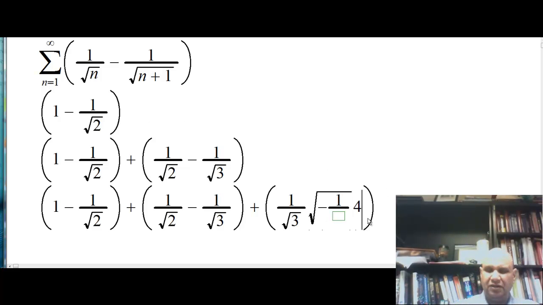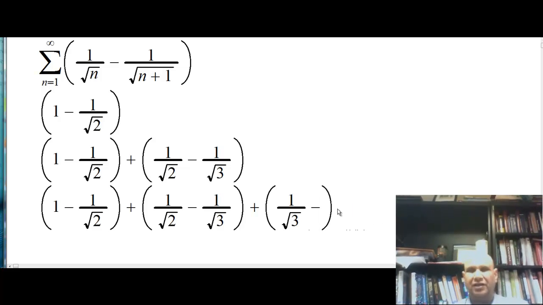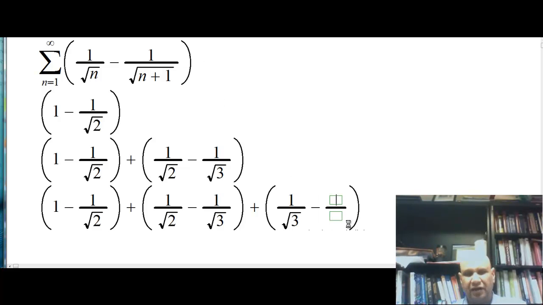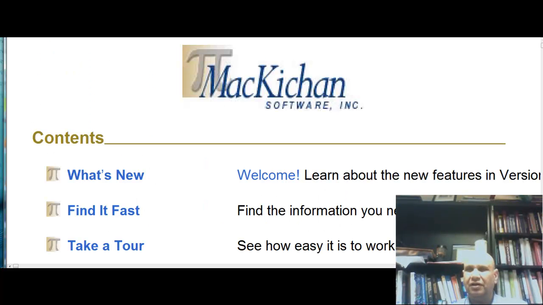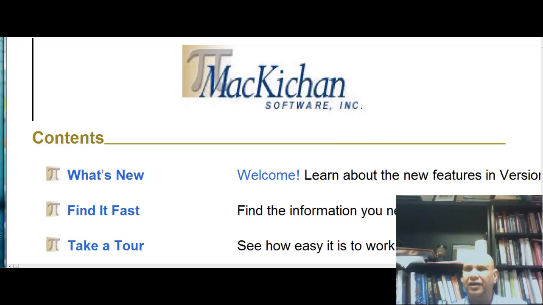Oops, sorry about that. Minus 1 over square root of. Say that once again. Right. It's halting the pattern even though we did not do anything wrong, right?